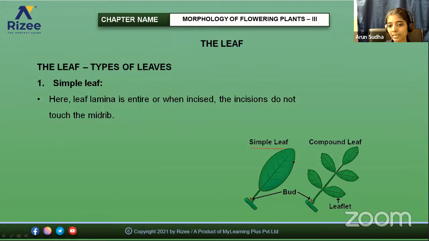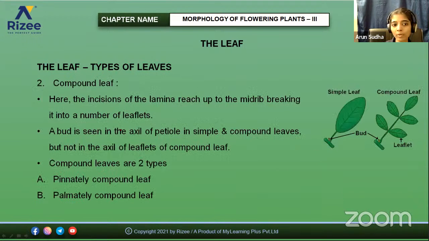Here this leaf is entire and the midrib is not disturbed even if it is incised. But if you take a compound leaf, this is the midrib and here many leaflets are formed.